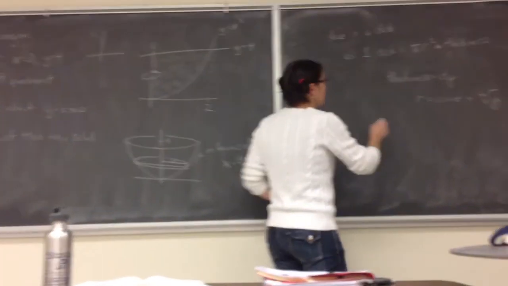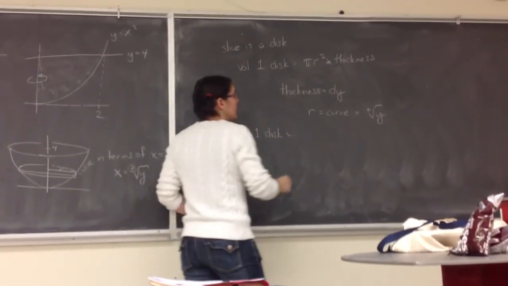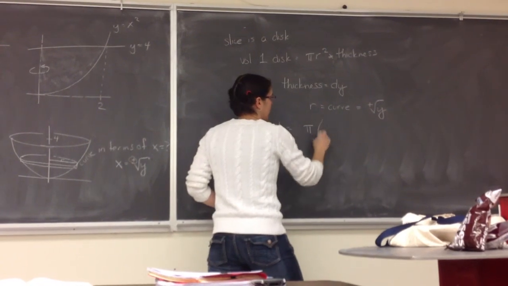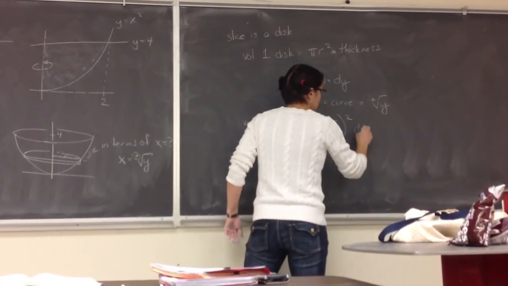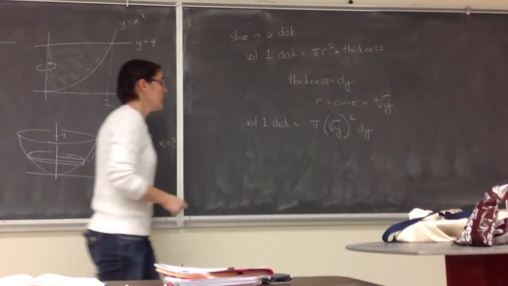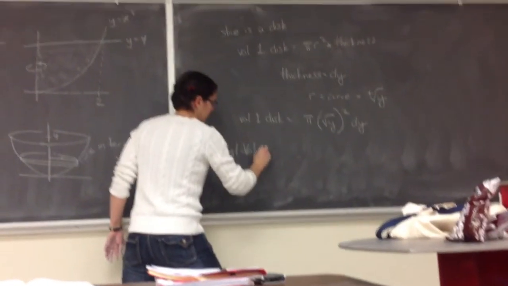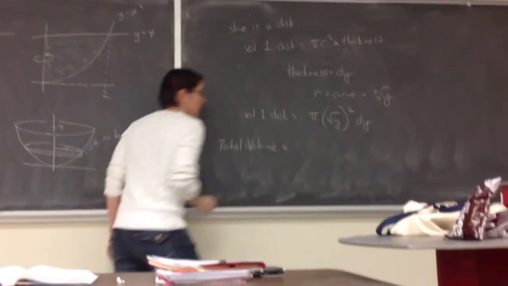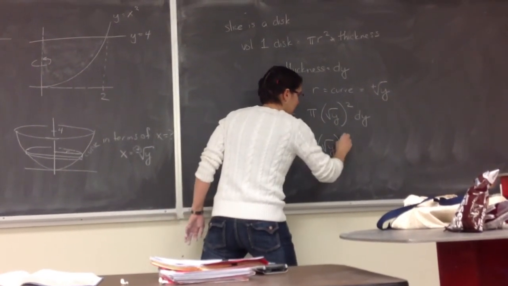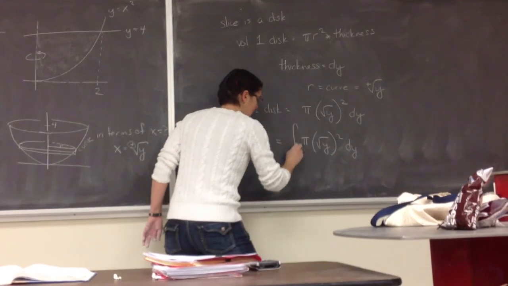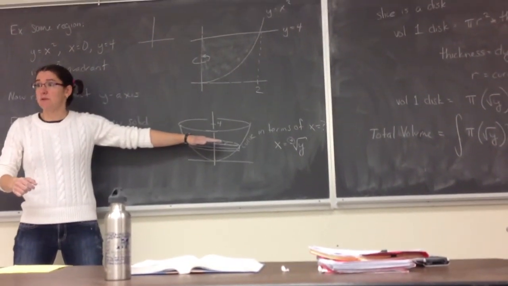So the volume of one disk is going to be pi times r squared, so that's root y, quantity squared, times the thickness, which is dy. And so now our total volume is going to be pi times square root of y, quantity squared, dy, added up, starting, now here's something I need to be careful of.